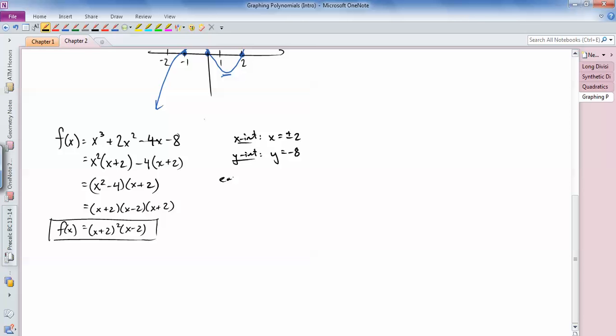The end behaviors: if you look at what happens when x goes to infinity, the dominant term is x cubed, so this goes to infinity. And then on the other side, you get negative infinity.